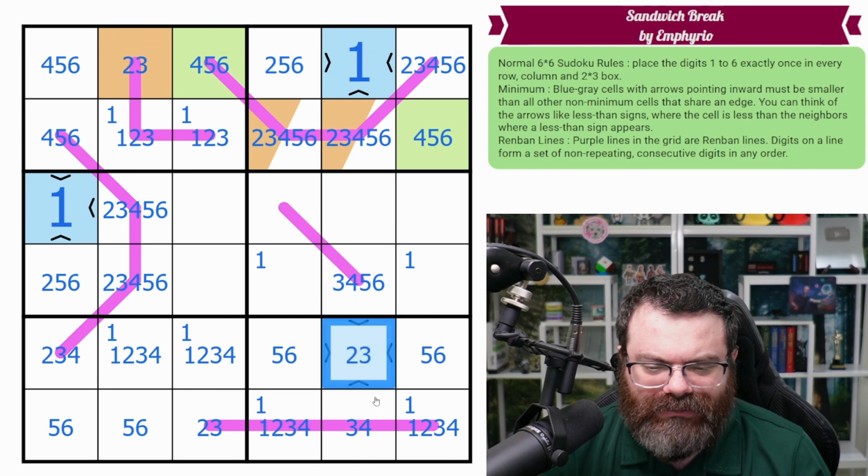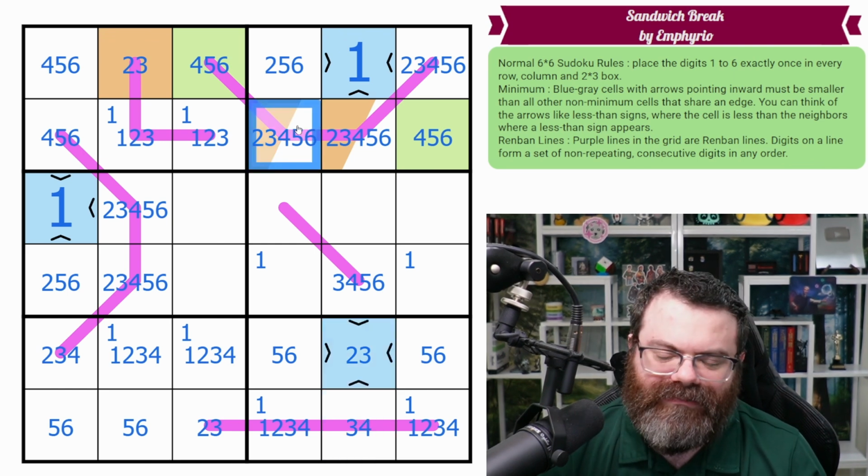3, 4, 2, 3. So if this was 3, 2, does that cause me any problems? It does make this an orange. Doesn't seem like a problem.